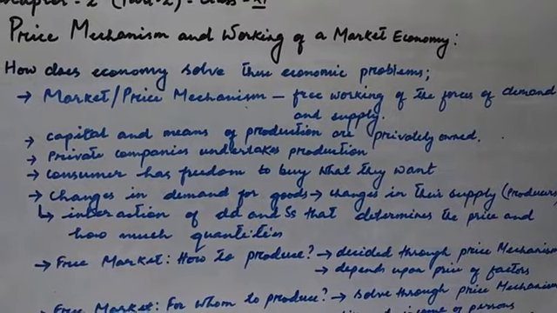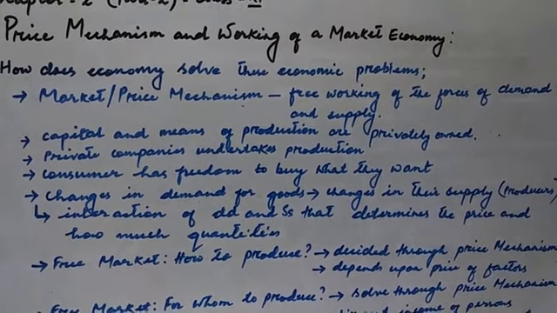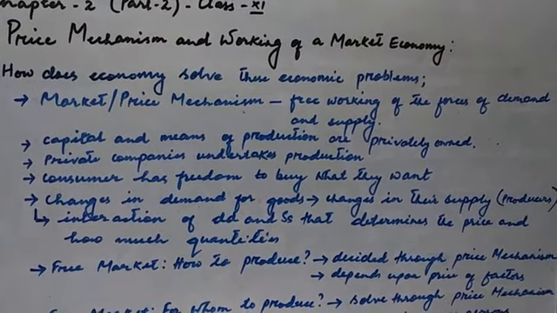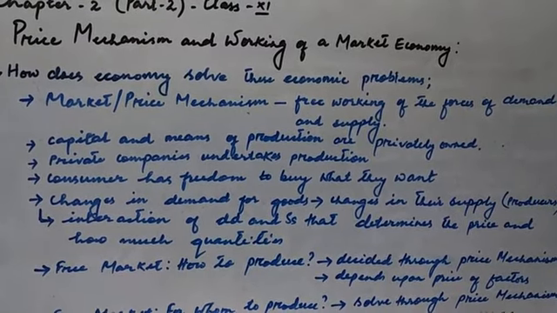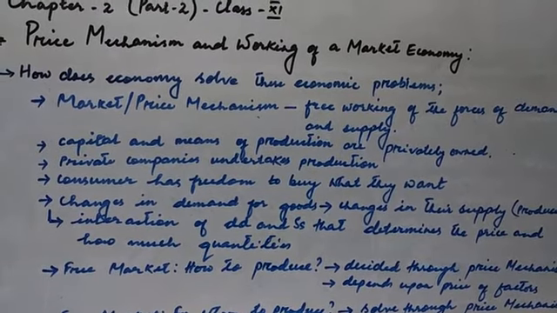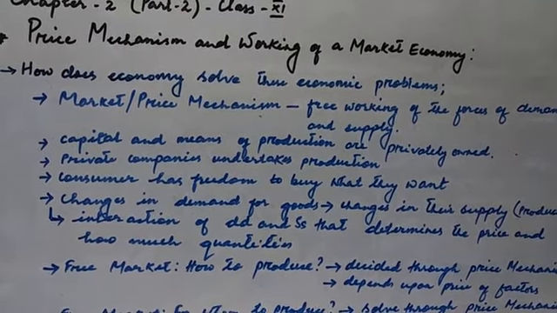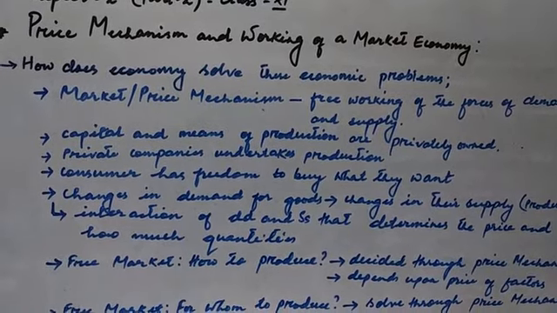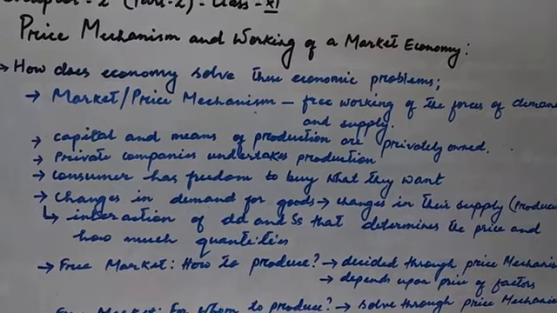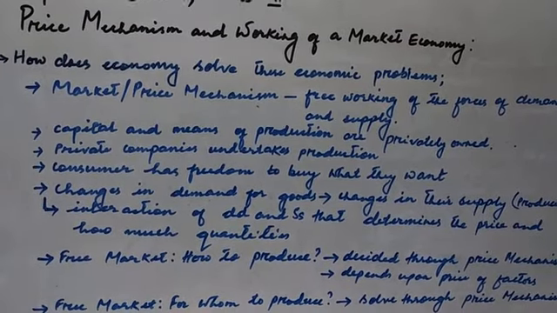Government will regulate the market through monetary policy or fiscal policy. By monetary policy, we refer to the policies regarding the supply of money, bank credit, and rate of interest, that is fixed by the Reserve Bank of India. It is the RBI which takes care of monetary policy.